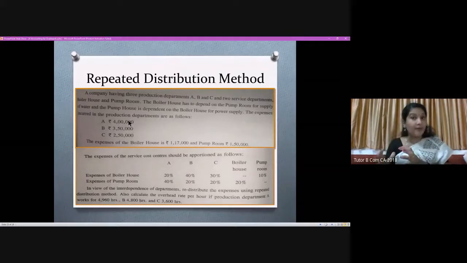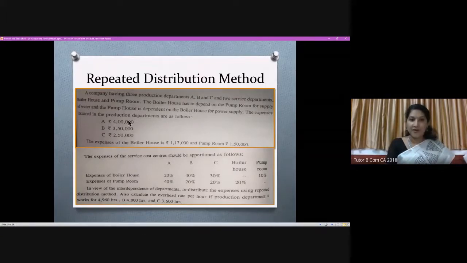That's the only place where there is some difference. I again repeat, our allocation and apportionment steps remain the same. The same method is used till there. And the secondary distribution part has a methodological difference with respect to the repeated distribution method.